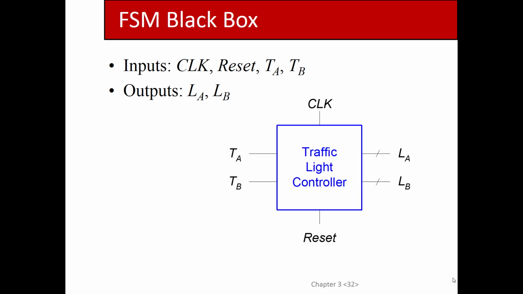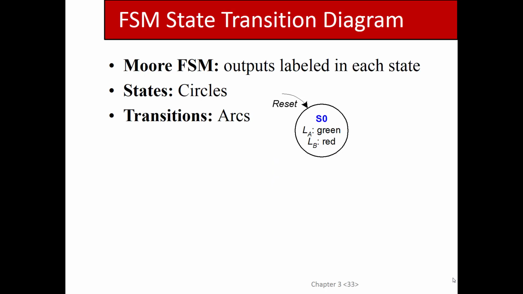So when you design a finite state machine, you design it as a graph. It's comprised of vertices, nodes, circles, and arcs, or edges, or transitions, which are lines that connect the circles together. Each circle represents a state, and the arcs represent transitions from one state to the next.